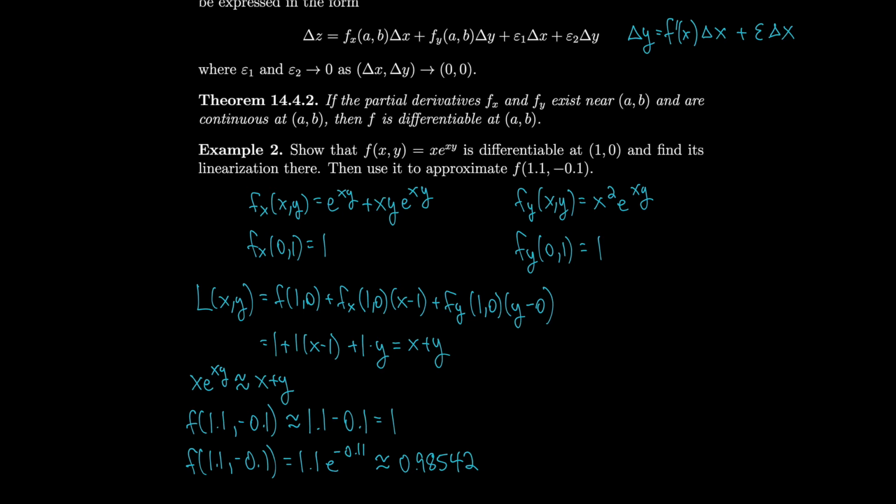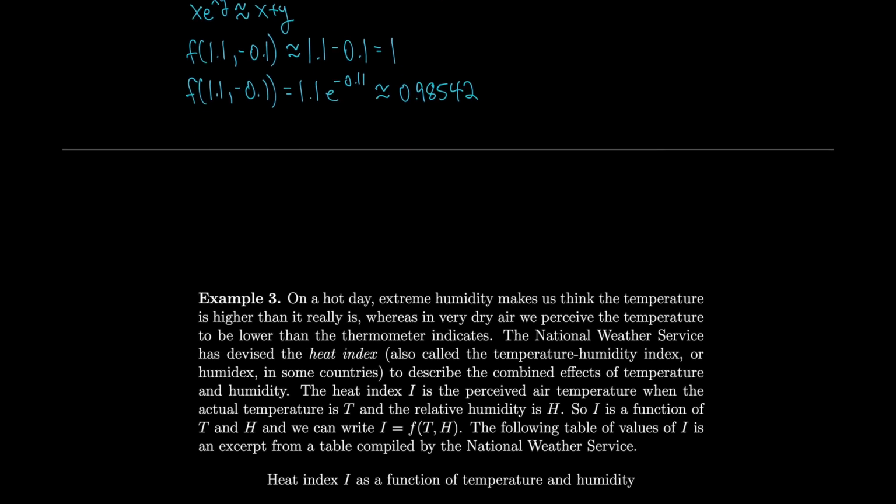But look at that linearization. We literally just added our x and y coordinates, and we got very, very close to taking some decimal and multiplying by e to some negative decimal power, and it's like a mess, but it was so little work to get so close.